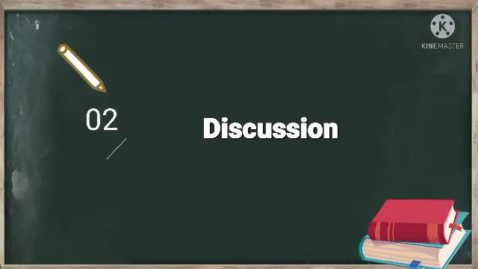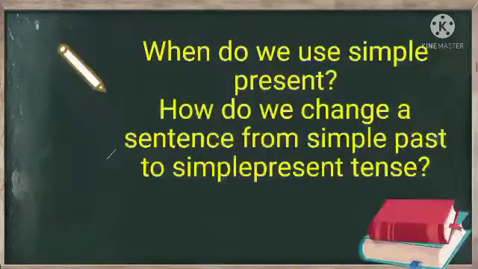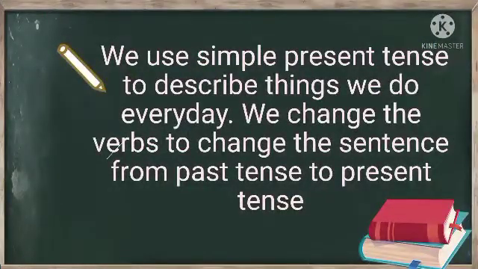We'll discuss the same activity now. So children, tell me, when do we use simple present tense? Here we use simple present tense to describe things we do every day. Whatever things we do every day, we use simple present tense there.